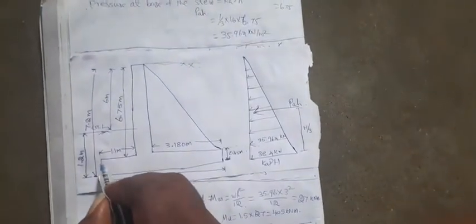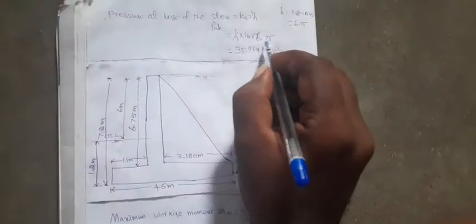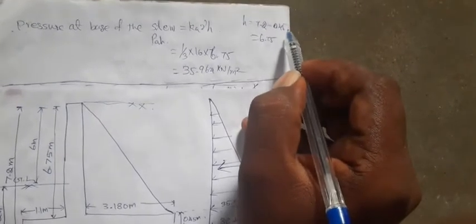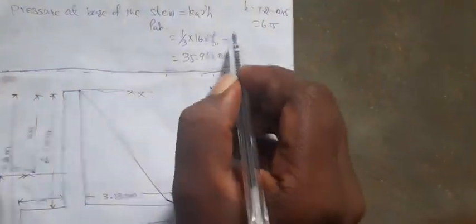So from 7.2 meter, 0.45 meter we neglected, and the remaining value is 6.75 meter. 7.2 meter minus 0.45 meter is 6.75 meter. So we have provided 6.75 meter here as the height to find the soil pressure.